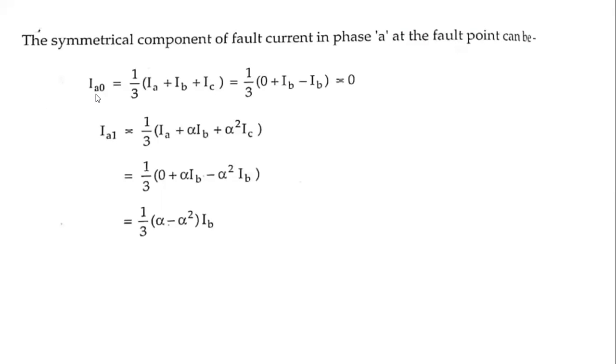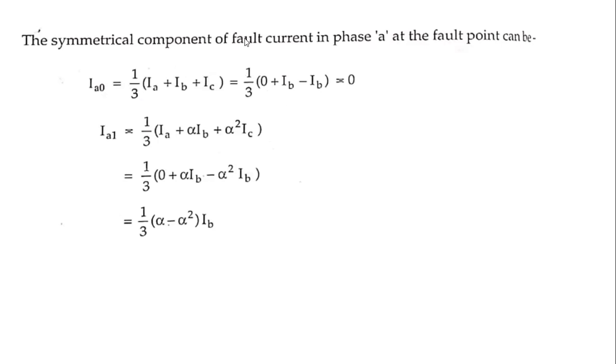This is the zero sequence current at phase A. That is equal to 1 by 3 into 0 plus IB plus IC.